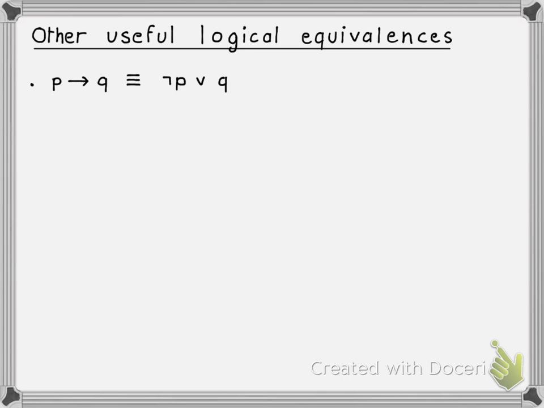So what this means in particular is that if P implies Q is true, then it must be the case that either P is false or Q is true, because these assignments of truth values to P and Q cover all the cases where the implication is true.